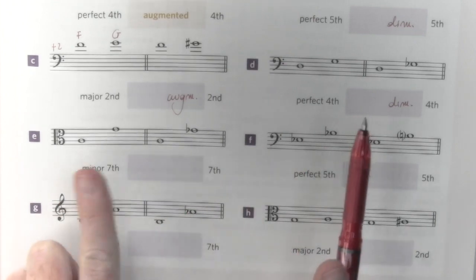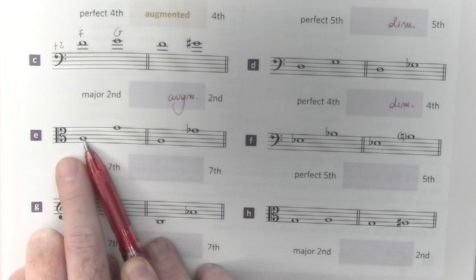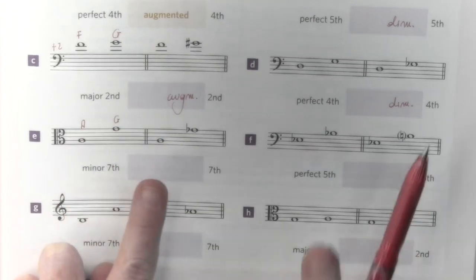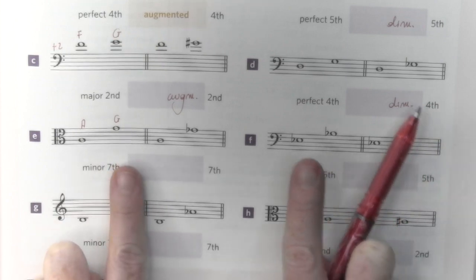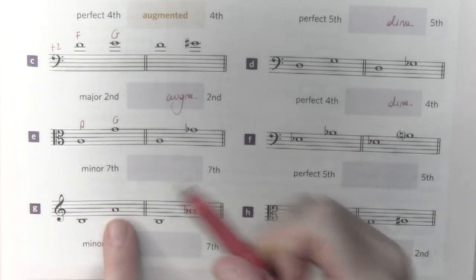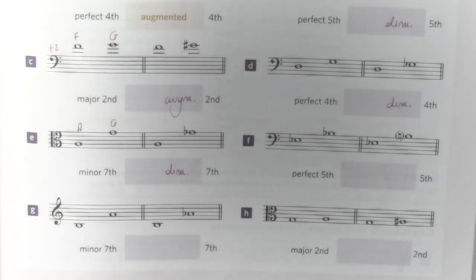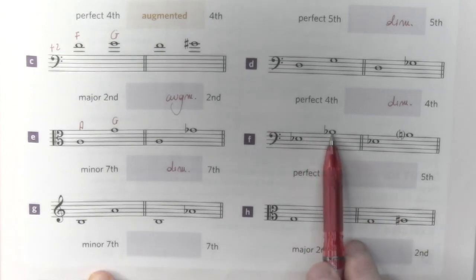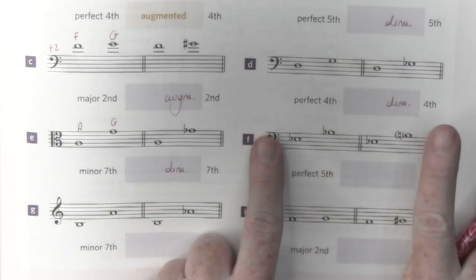Now, a minor second, we don't even need to read the notes, but it's treble clef plus 1. So this is la, sol. Now, this is a minor seventh, but if we put a flat, we make it diminished. So basically, flat means diminished and sharp means augmented. But let's see here, we have a flat and then a natural, which means that we go up.